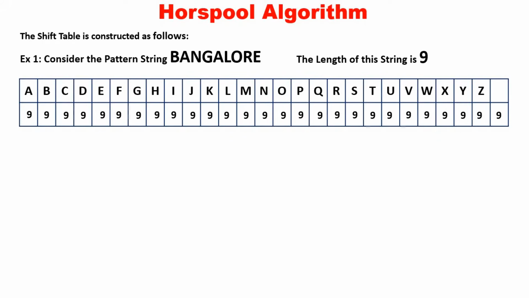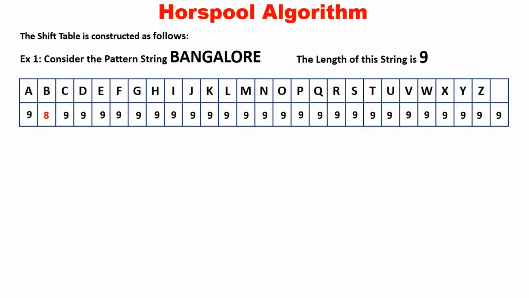Very good, no problem. Now just see the pattern string, focus on the pattern string. See the first character B. In front of B how many characters are there? 1, 2, 3, 4, 5, 6, 7, 8. Therefore B is updated to 8.